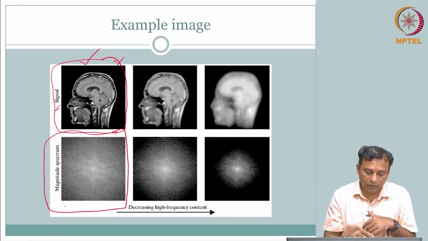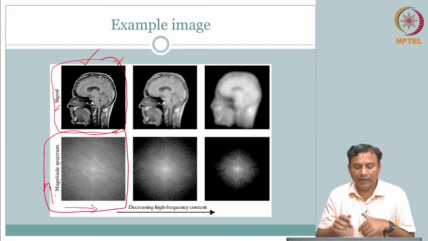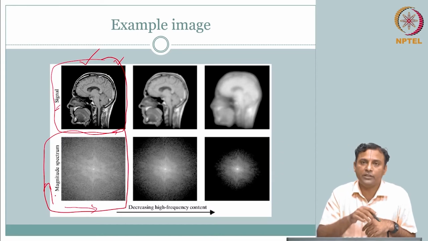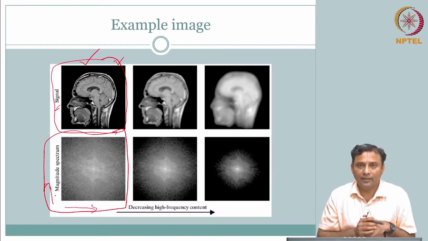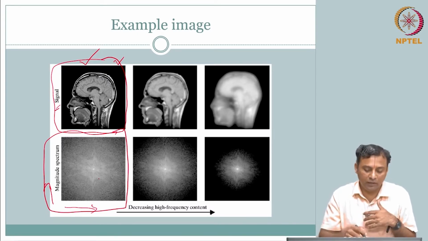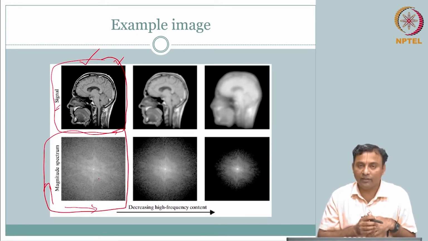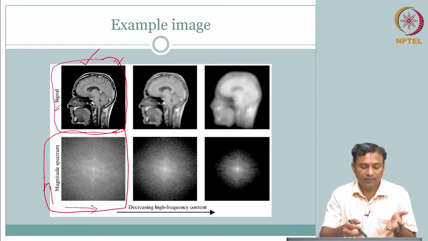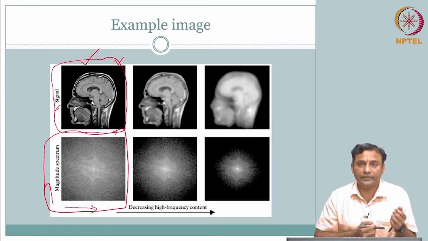So, this is your u and v, the 2 directions: the frequency along the x axis and the frequency along the y axis. Clearly you see one thing: for most of you, if you look at this, you cannot really make out anything. In the spatial domain, this looks like a head and we know what it is.